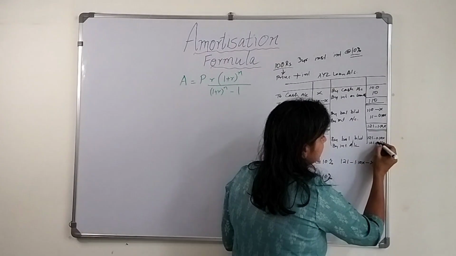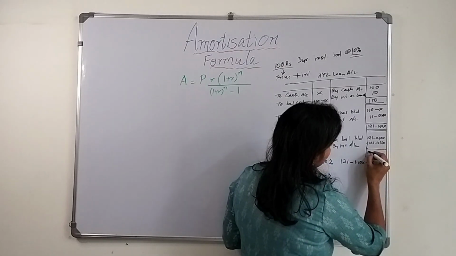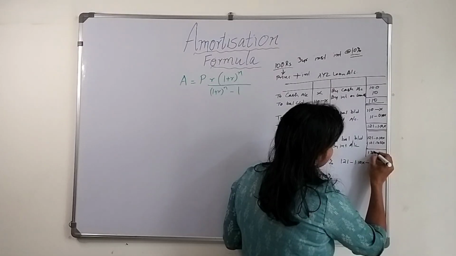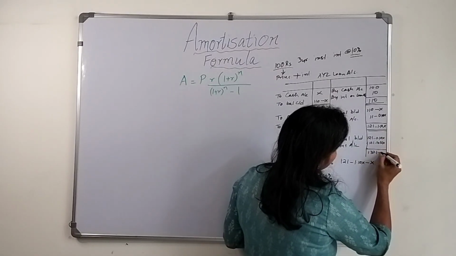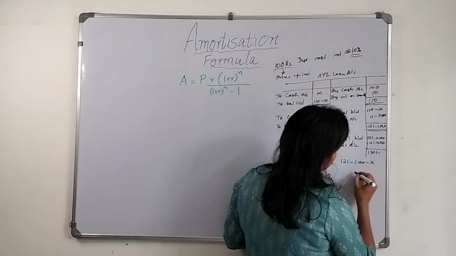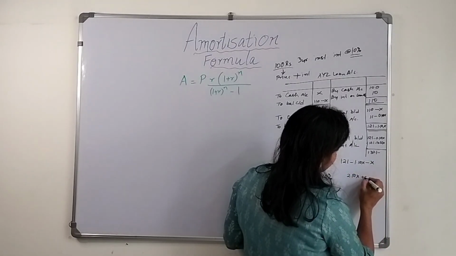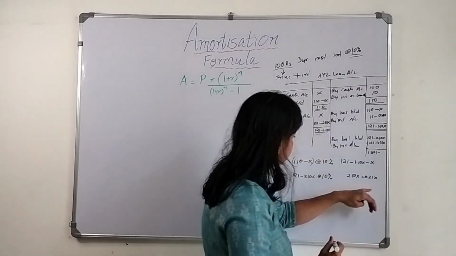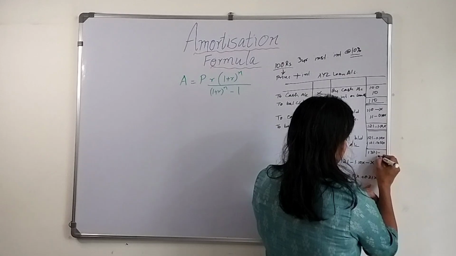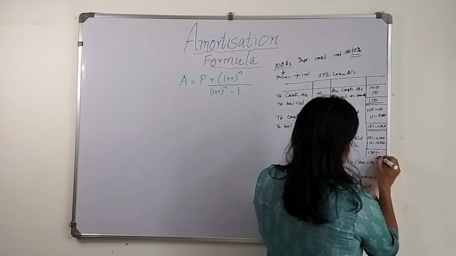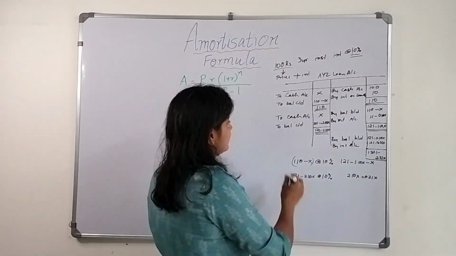So this becomes 133.1 minus 2.10x plus 0.21x, that is 2.31x. So it is 133.1 minus 2.31x.